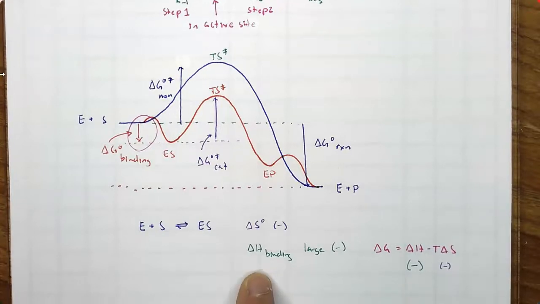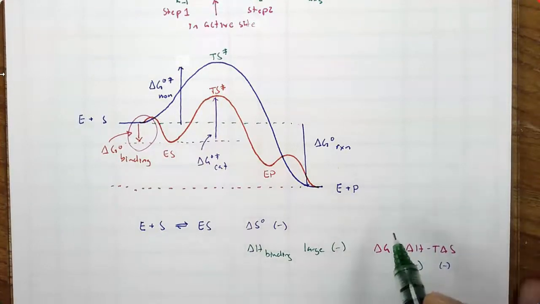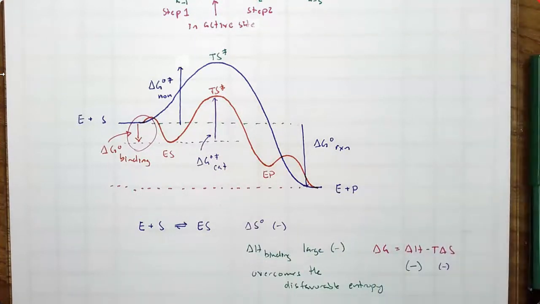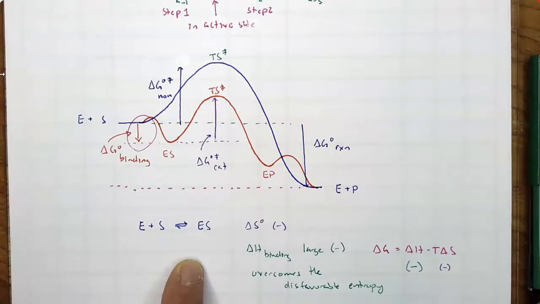So the enthalpy of binding overcomes the unfavorable entropy. And that's the beauty of enzymes, that it could overcome this entropy via the enthalpy of binding, of the substrate binding the enzyme.